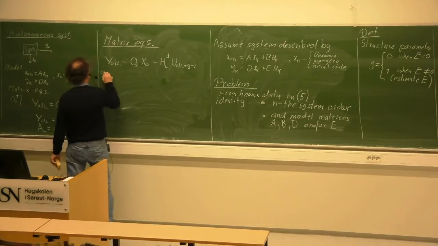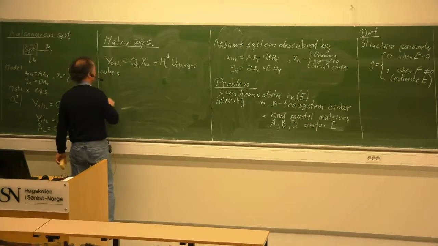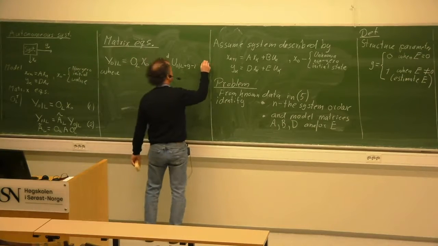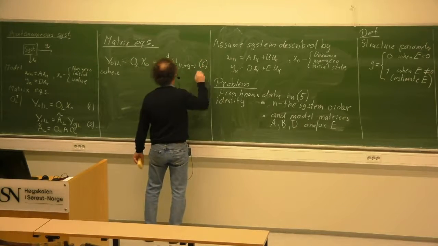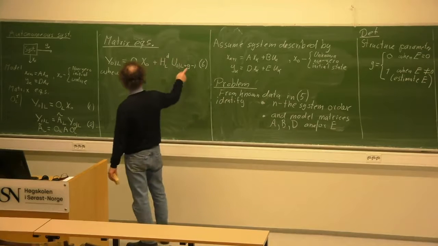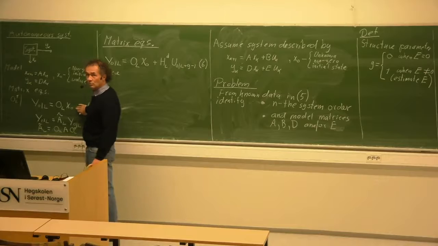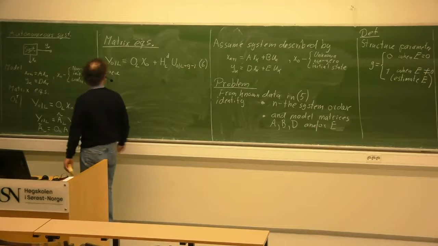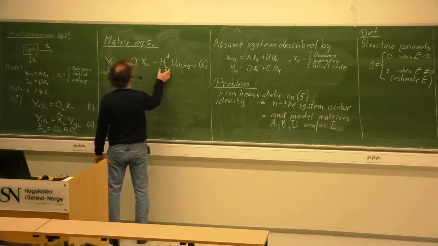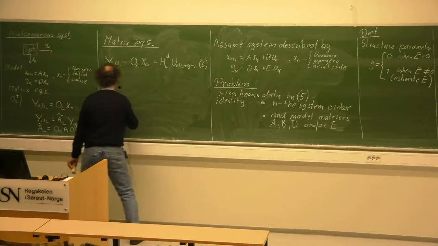I will call this equation 6. This one can be deduced very similarly to how we deduced the earlier one. But the difference is this so-called Toeplitz matrix H.